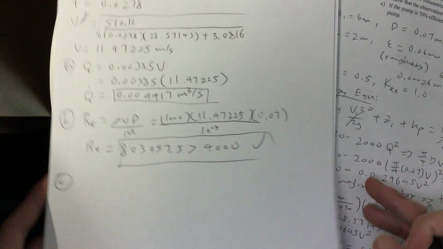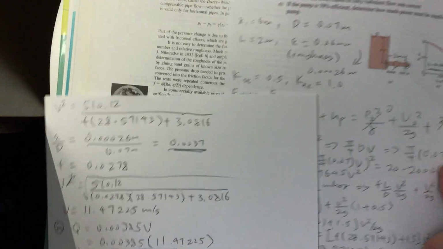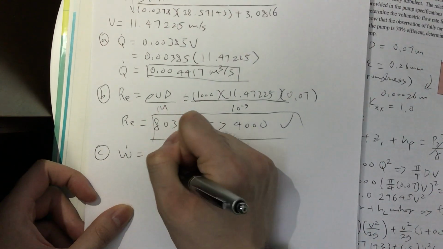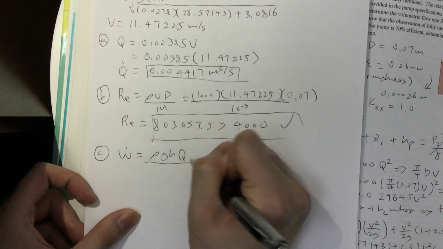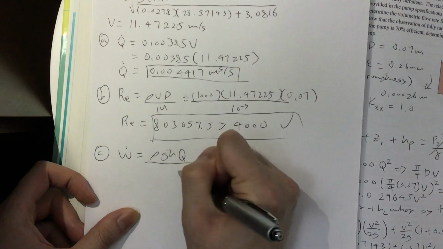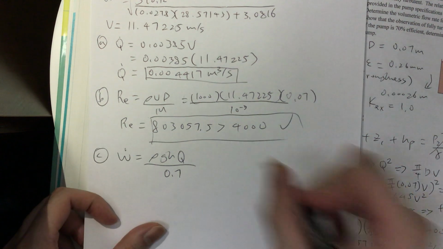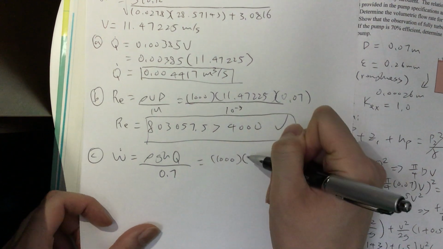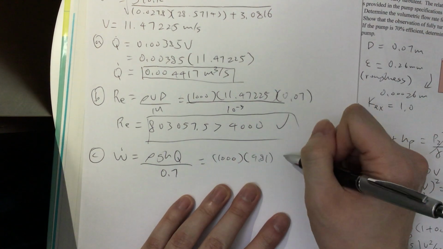Last part, C. We are going to use the power equation with consideration of the 70% efficiency. So W dot, you got the usual rho g H, put Q in the back, over 0.7, 70%. 1,000, that's rho, 9.81, gravitational unit.